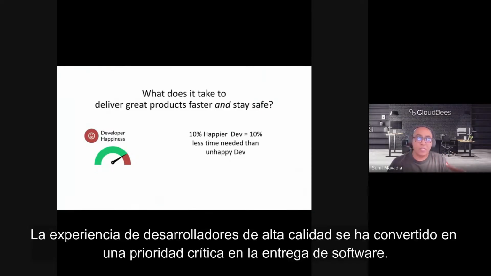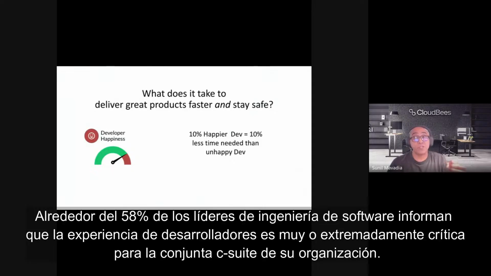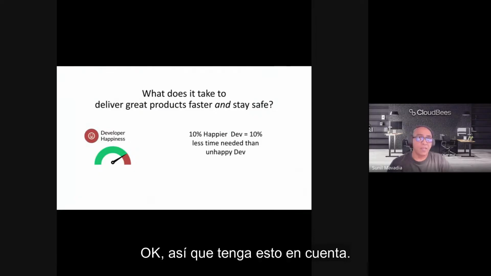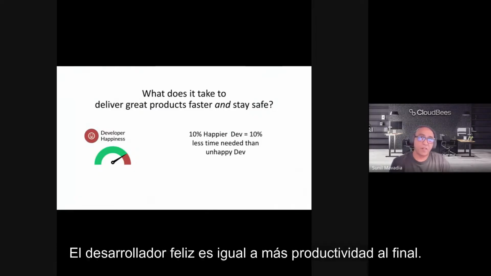So high quality developer experience has become a critical priority in software delivery, with approximately 58% of software engineering leaders reporting that developer experience is very or extremely critical to the C-suite at their organization. Okay, so keep that in mind. A happy developer is equal to more productivity at the end.